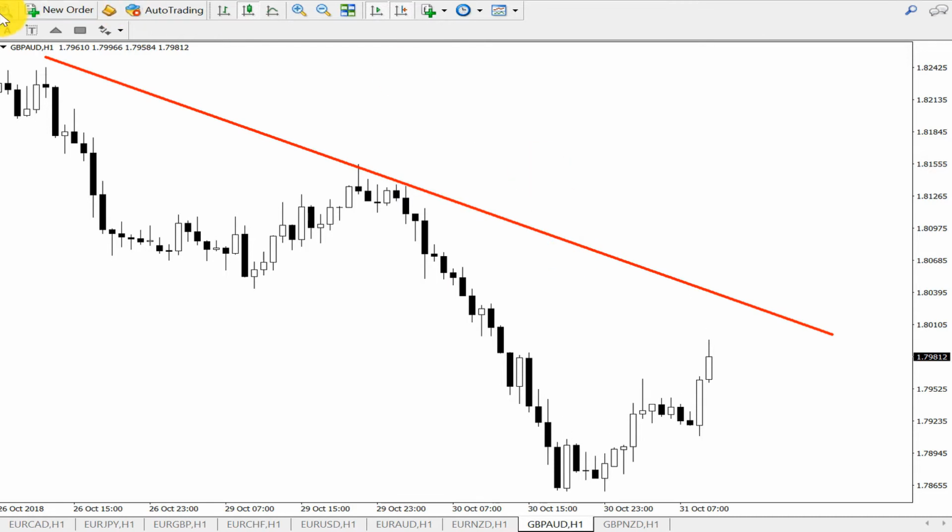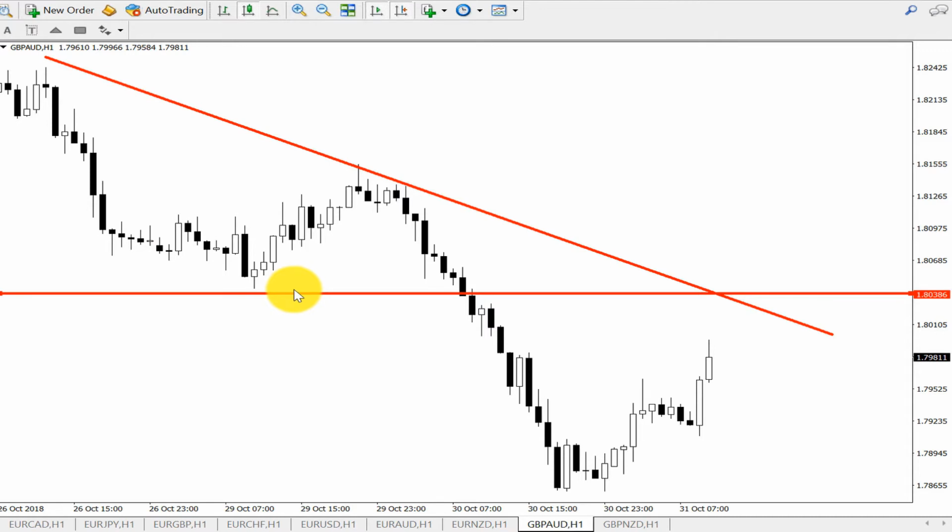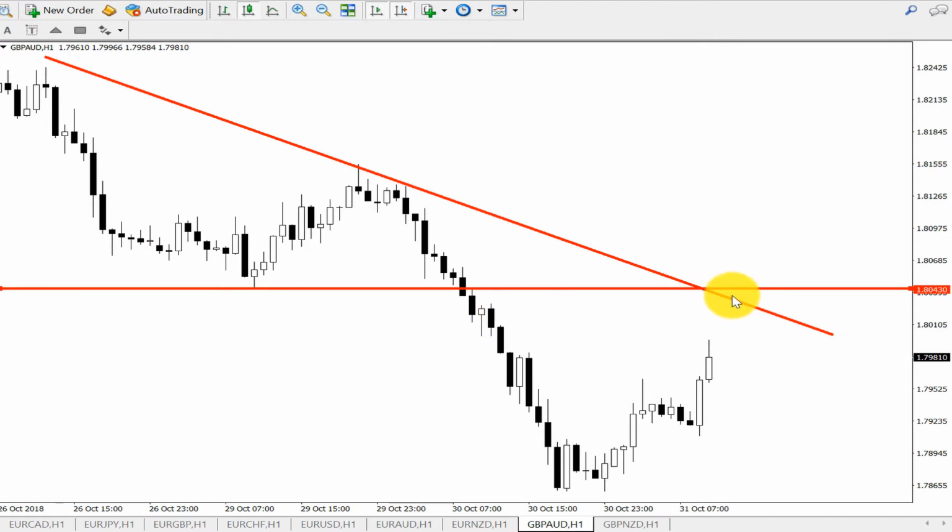So we will wait for price to come to this position. If price comes to this position and we see any type of rejection, we can sell GBP against AUD.